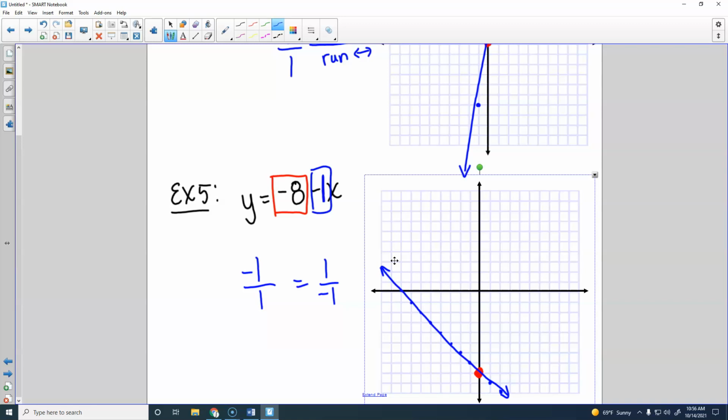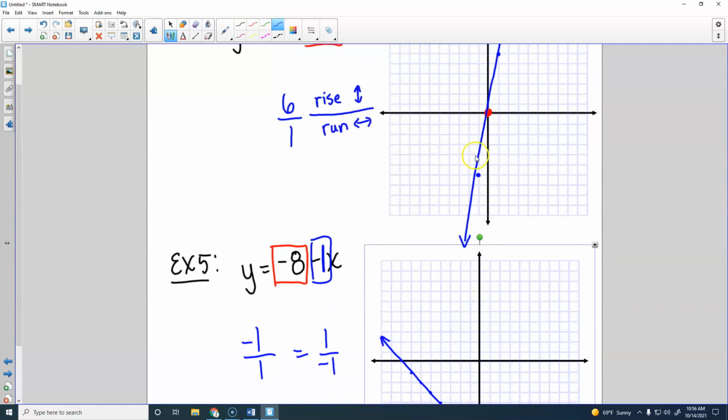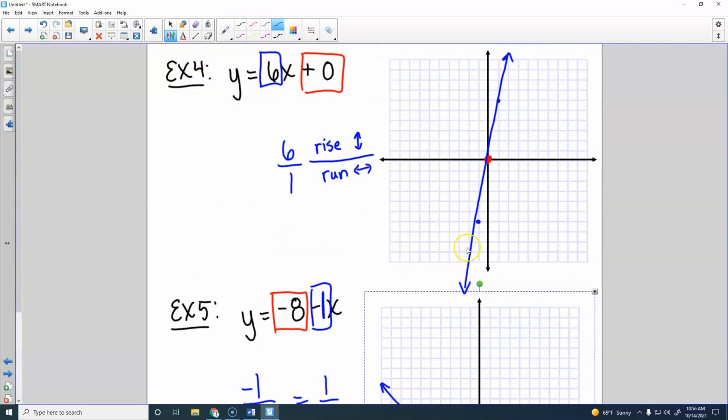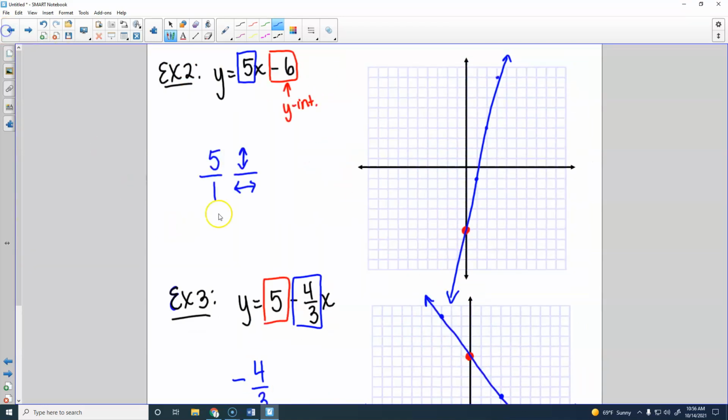Alright, does everybody feel like the negatives are always on the left side of the right side? If you have a negative slope, your line will always look like it's going down from left to right. So you will always look like the line's decreasing. So like here we had a negative slope, our line was decreasing. Here we had a positive slope, our line was increasing.